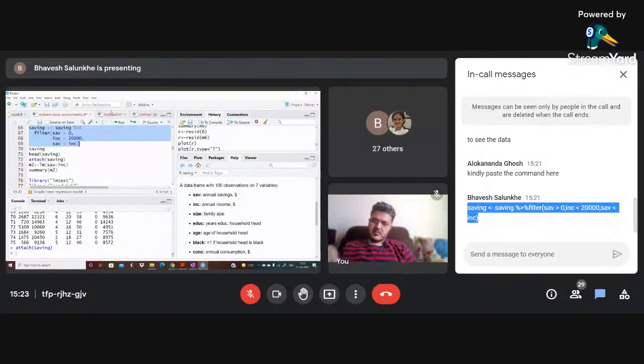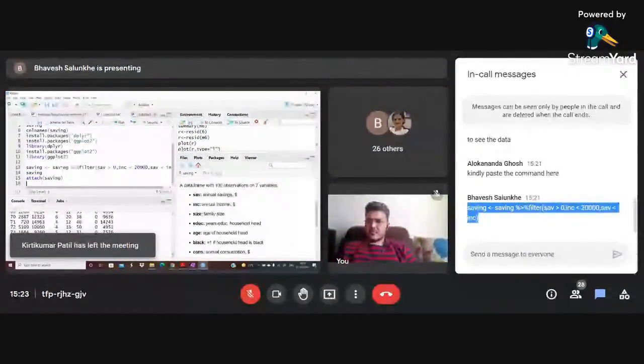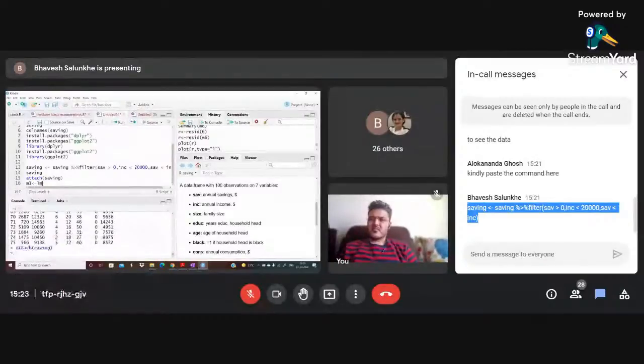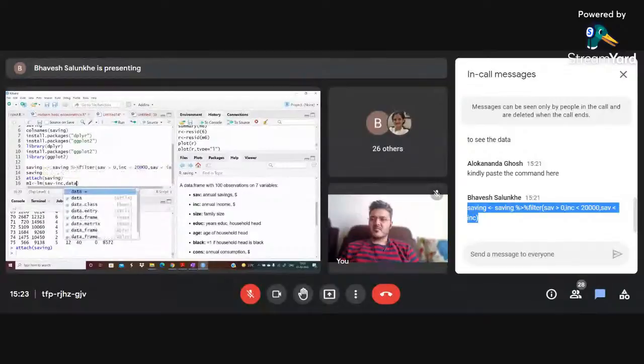So my regression model, let's call that model M1. lm is for the linear regression model. My dependent variable is save for savings. My independent variable is inc for income, and the data that I am using is savings.